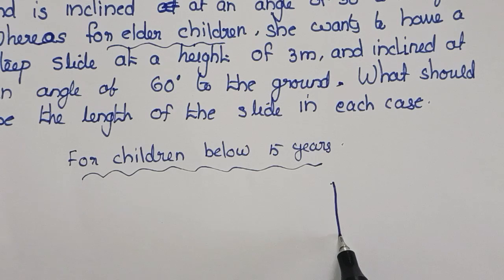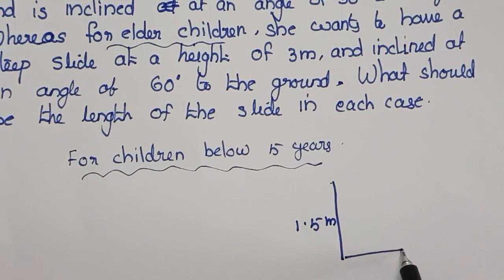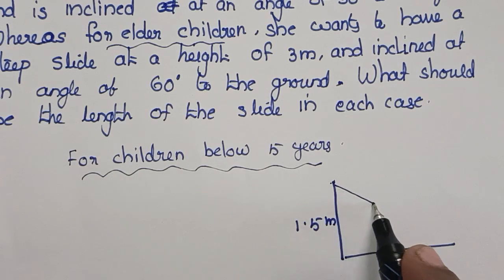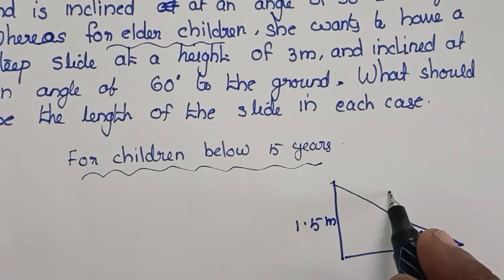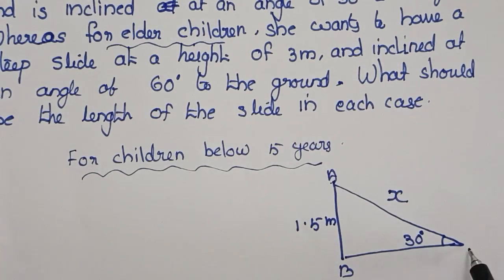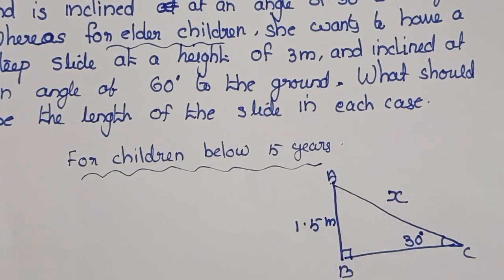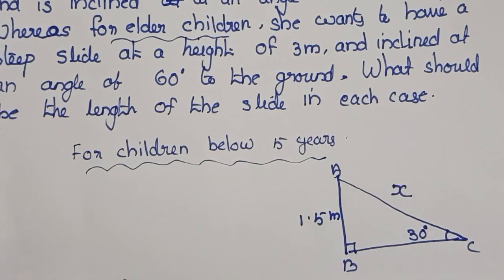So here, height of the slide should be 1.5 meters and is inclined to the ground at an angle of 30 degree. Name the triangle as ABC. We have to find the length of the slide, that is x.